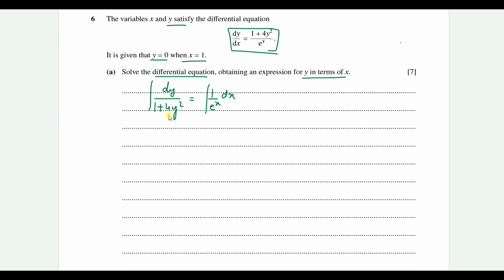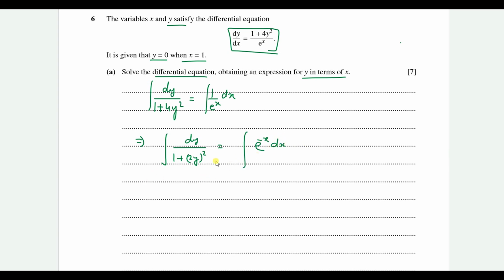and we can integrate them. Integrating both sides, we get dy over 1 plus (2y) whole square is equal to the integration of e raised to the power minus x dx.